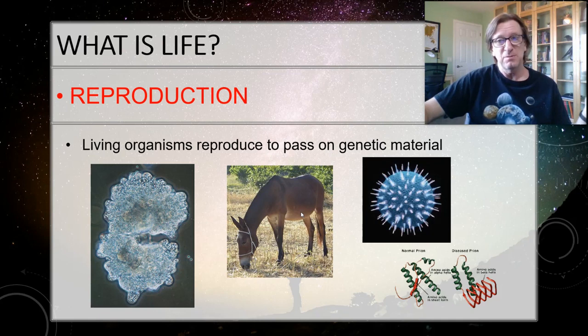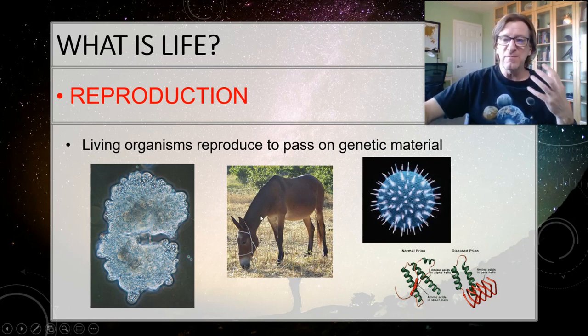Does that mean they're not alive? Well, no, of course not. They're still alive. So one way to think about it is they are the product of reproduction. So this mule is the product of reproduction, even though itself cannot reproduce. So the life form itself has to at least have come from reproduction, even if it can't reproduce on its own.